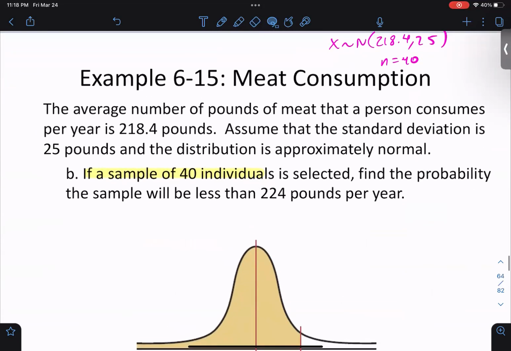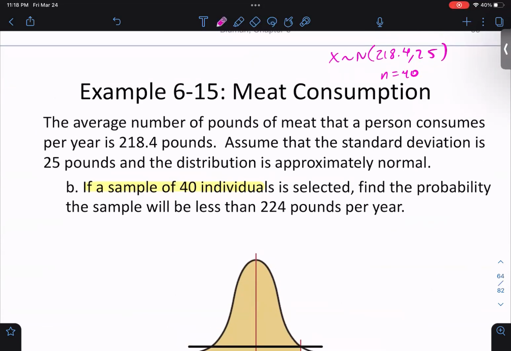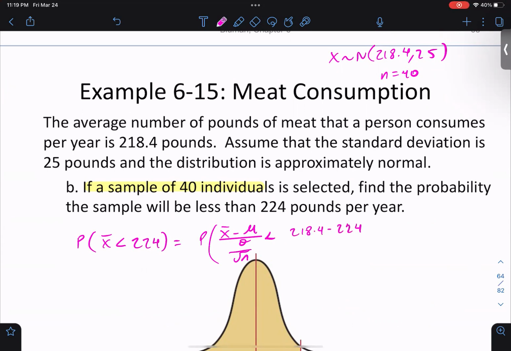Now, since we have a sample of 40, find the probability that the sample mean will be less than 224 pounds. So now we do the central limit theorem: x minus the mean, over sigma over square root of n. So 218.4 minus 224, the standard deviation is 25, the sample size is 40. We subtract that and get a negative value.